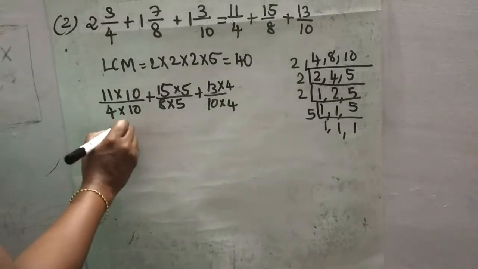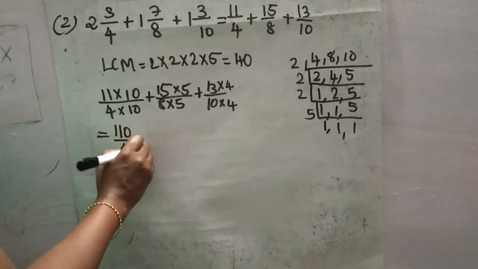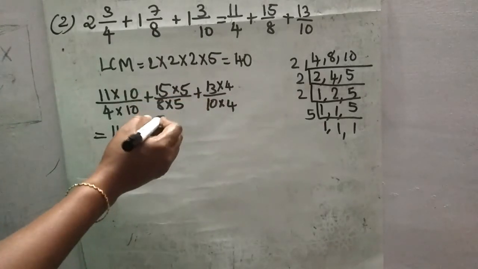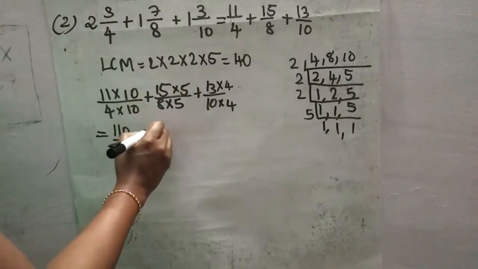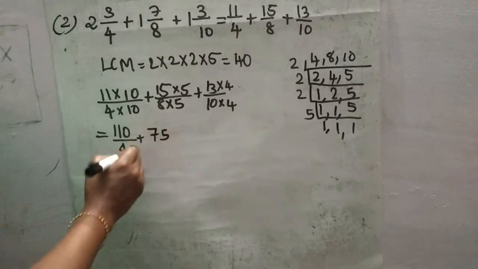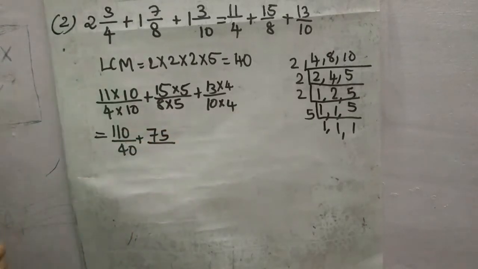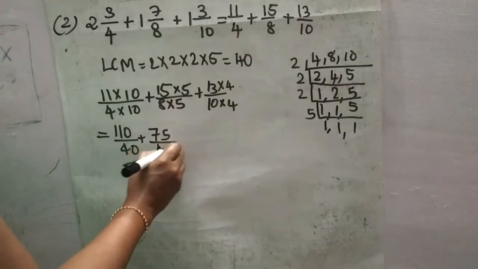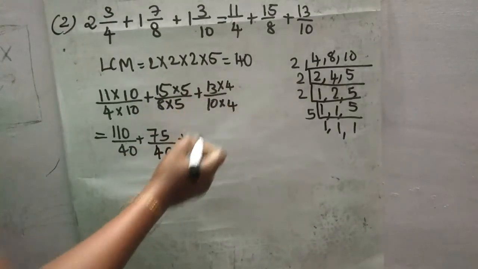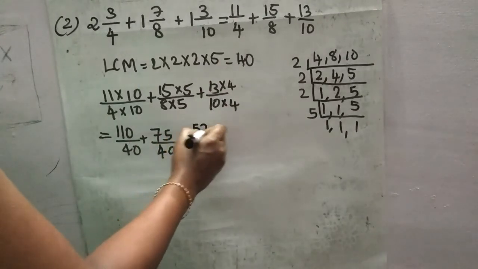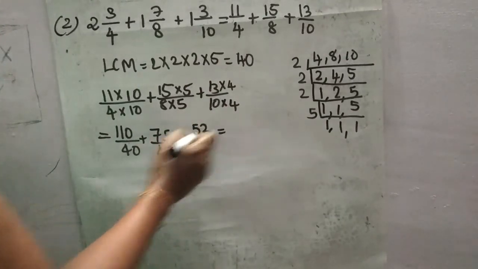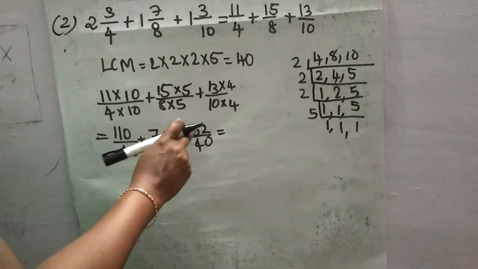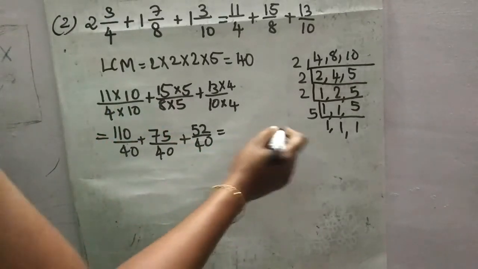So 11 into 10, 110, plus 15 into 5. What will you get? 75. Plus 13 into 4, 52, by 40. When you add, what will you get? 110 plus 75 plus 52. What will you get?